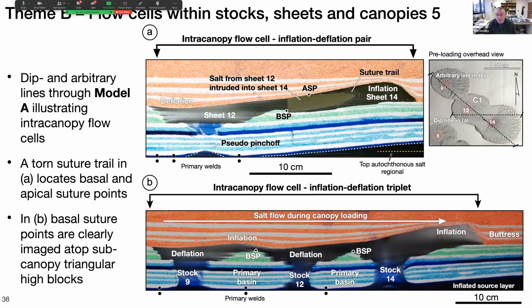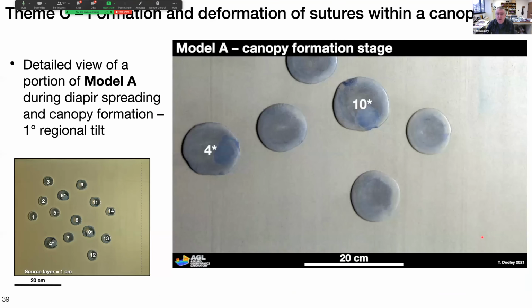And again, here is an example of our intra-canopy flow cell, and salt is being expelled from here. There's some inflation here, but then more salt being expelled from here and upwards out to the outer edge.